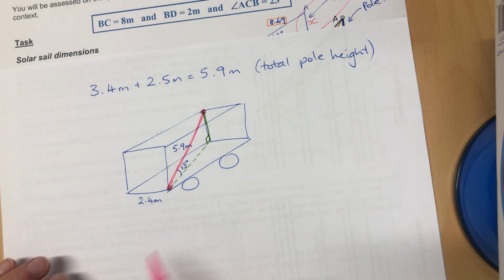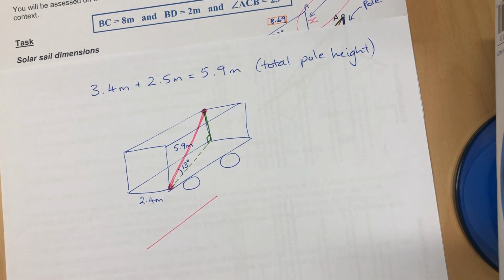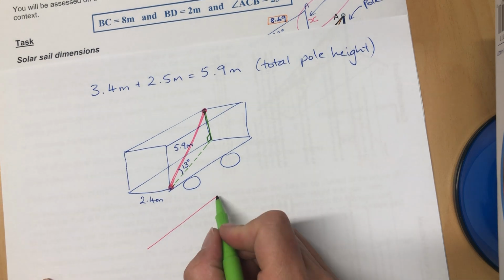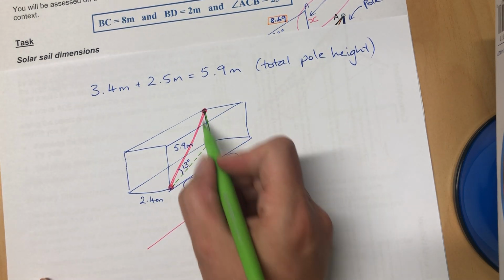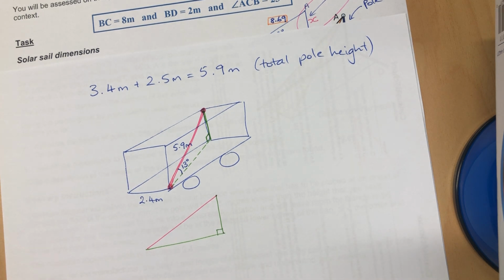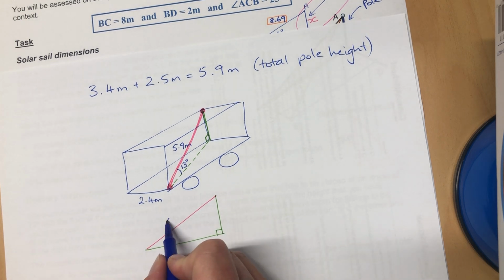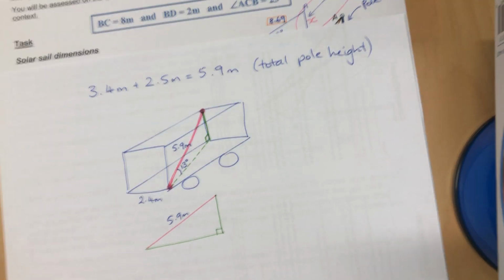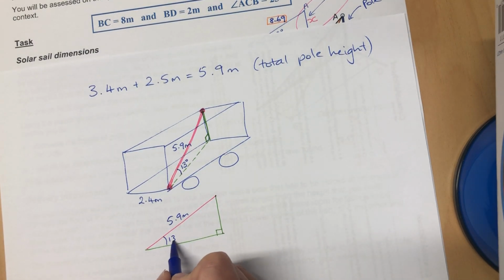Okay, so we now have this triangle here. There's the pole, there's the back corner of the van, and there's the shadow it makes along the base of the van. We know that this is 5.9 meters, and we know that this is 13 degrees. And if we've got that, we might be able to find some of the other dimensions of the van that we need to tell our manufacturer to hire.